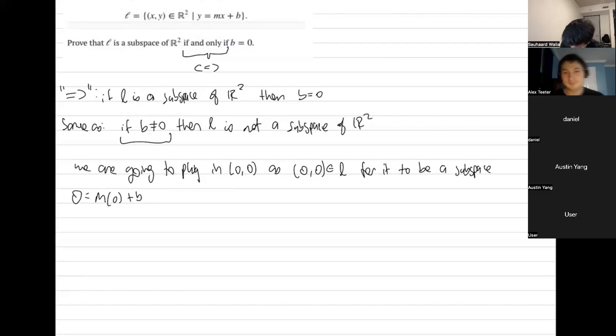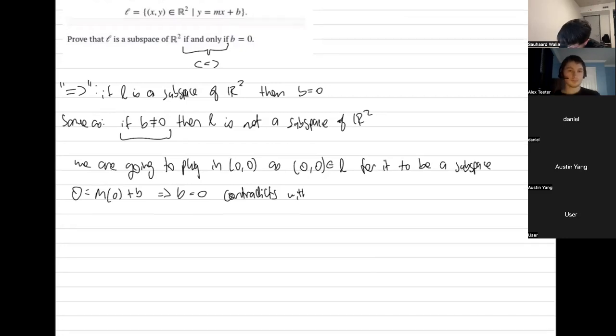So we get b is equal to 0, which is a contradiction with b does not equal 0, hence L is not a subspace of R2. So that's that direction, and that's all we have to do there.